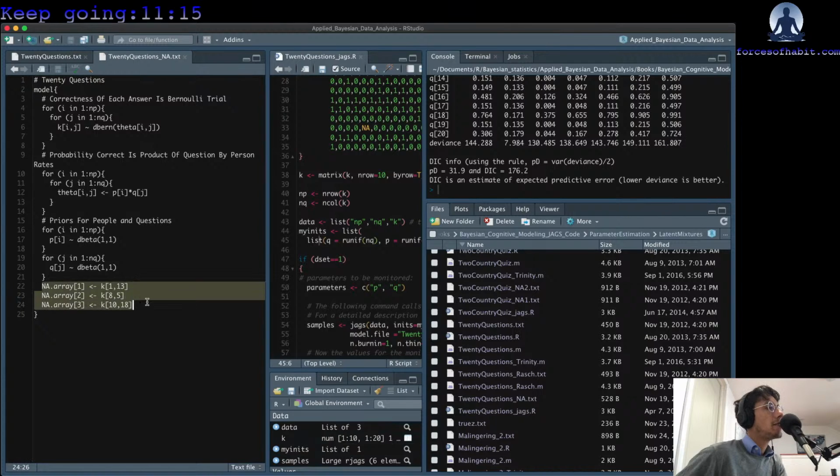So we have an NA array, and we had to identify each of the given values in our array. We identified which of the particular people and questions are missing. So we're just specifying that here.